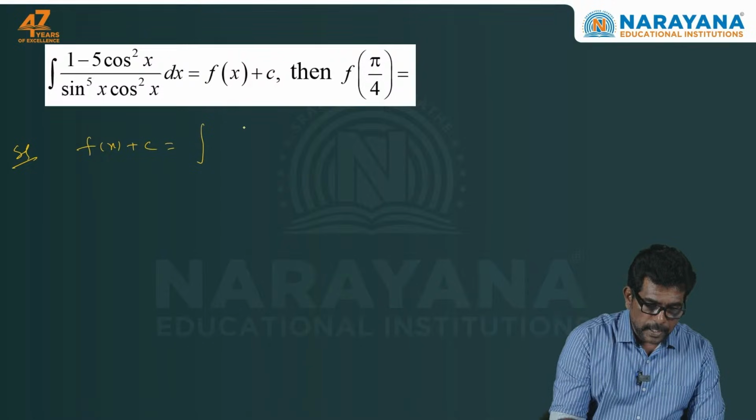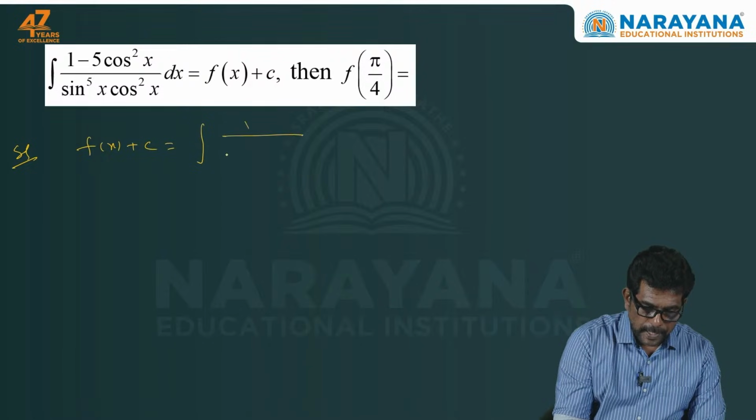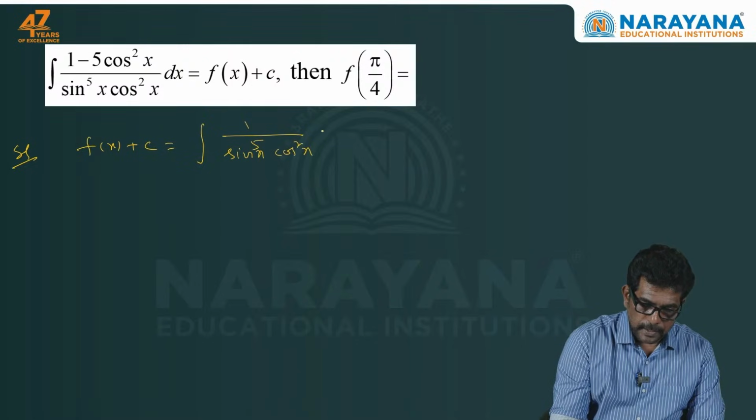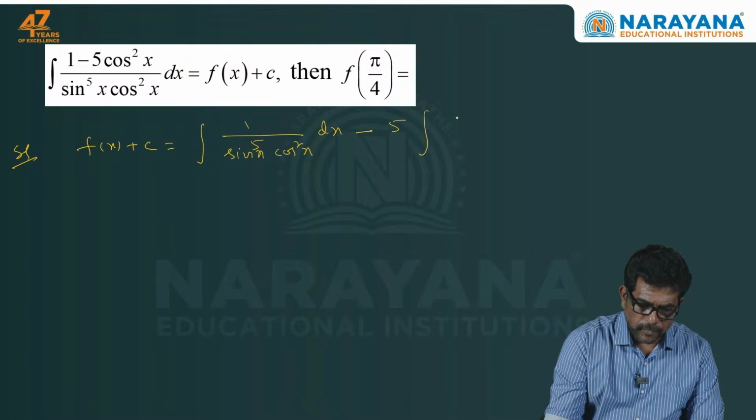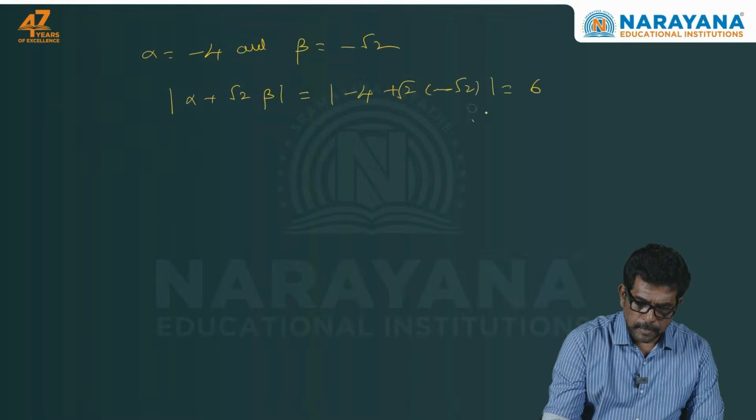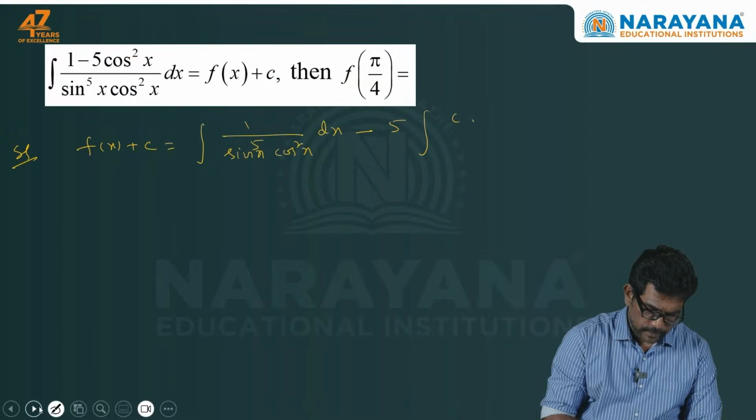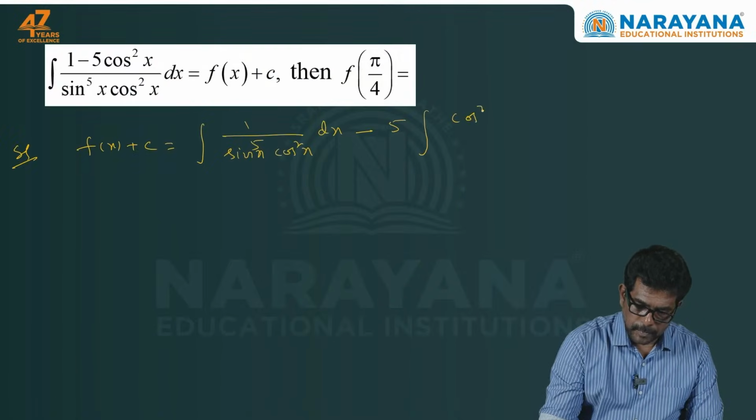So the integral, I am writing this one as integral of 1 by (sin x) whole to the power of 5 into cos square x dx minus 5 times integral of cos square x by (sin x) whole to the power of 5 into cos square x dx.